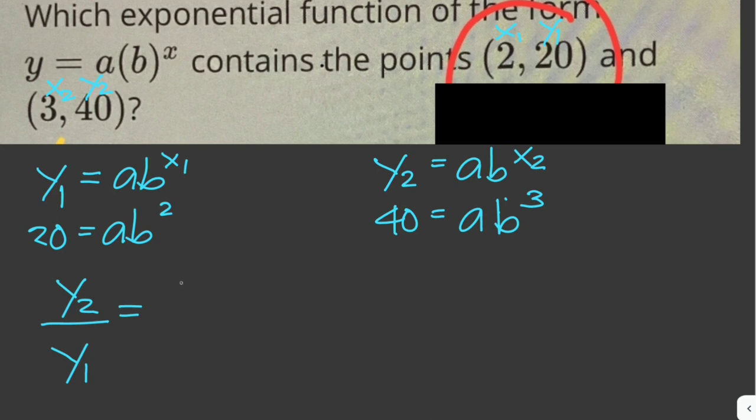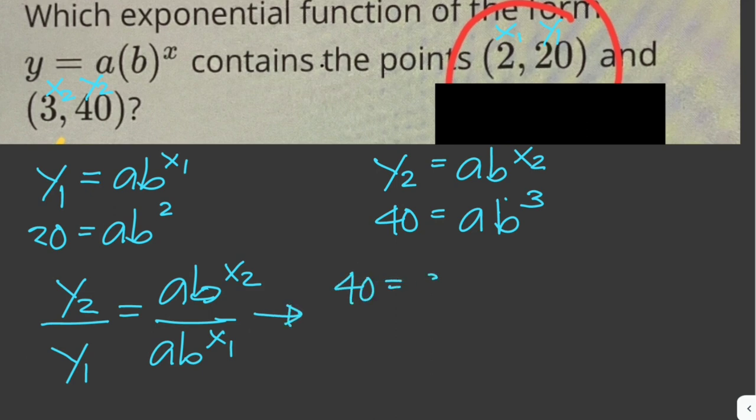So this is just equal to a b cubed over a b squared. And then we plug in all the values. So this is 40 over 20 equals a b cubed over a b squared.